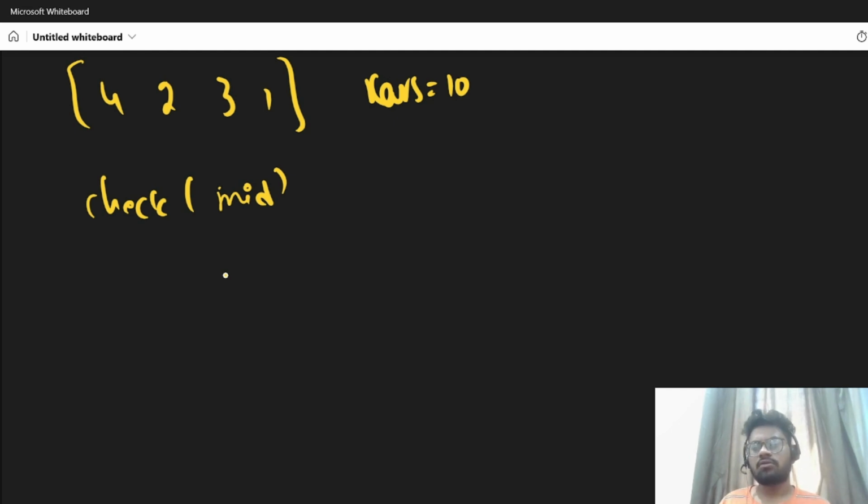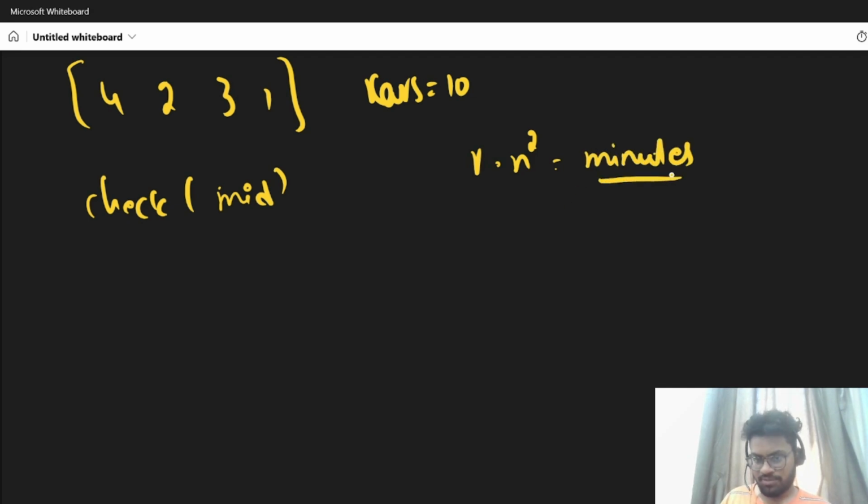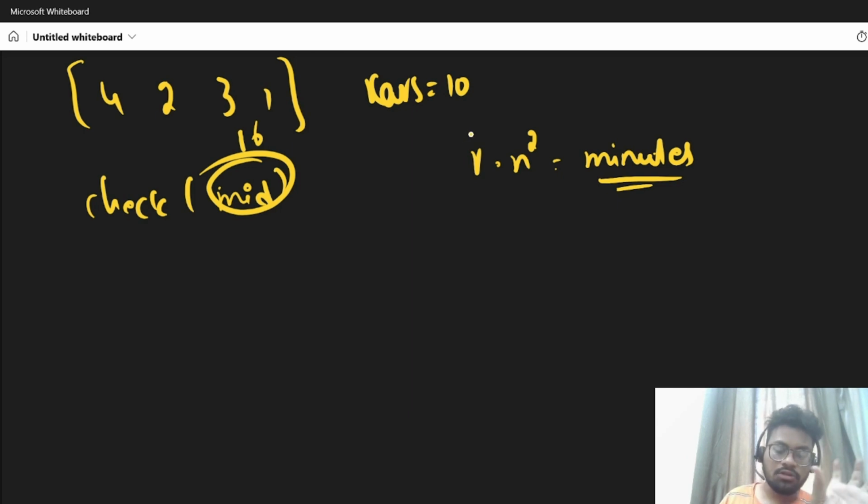As you can see, the total minutes required for a particular mechanic to solve n cars is r into n square. Now, we have this minutes, which is the mid, right? Suppose the mid is, for this example, 16. We need to figure out whether 16 minutes is enough for all the mechanics to solve all the 10 cars or not.